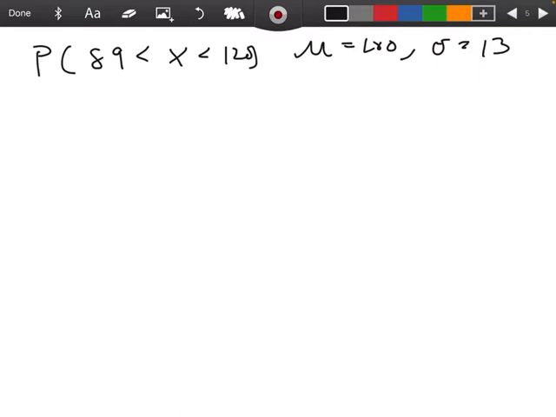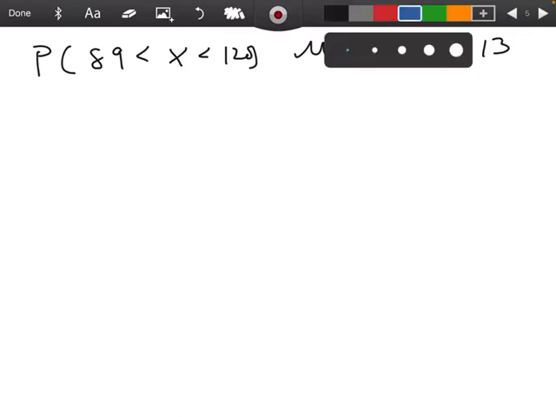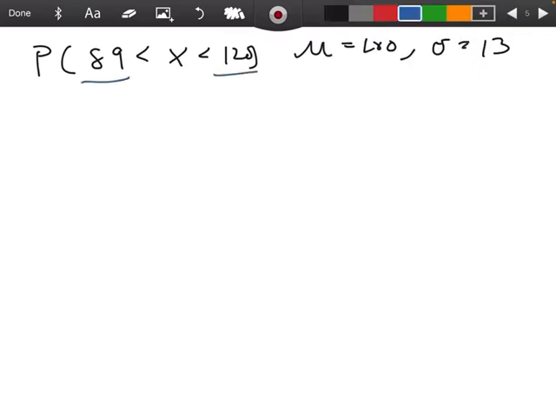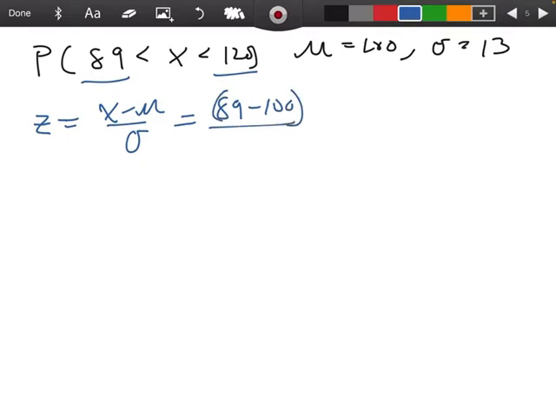So I'm going to do this part again, and I'm going to have to find 2 z values, okay? One of them for 89 and one for 120. So my z-score for 89 is going to be x minus mu over sigma. So this is going to be 89 minus 100 over 13. I'll do this part on my calculator again.